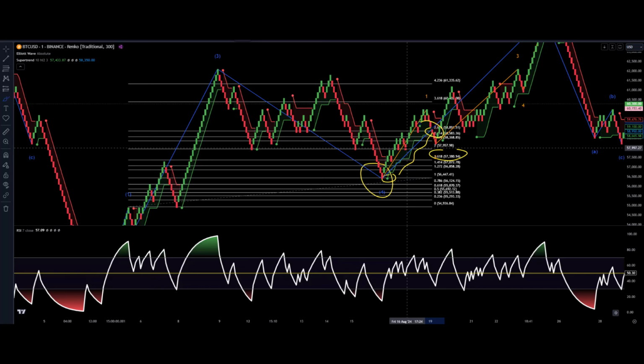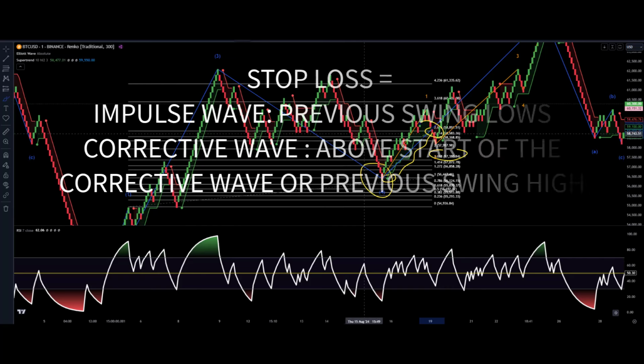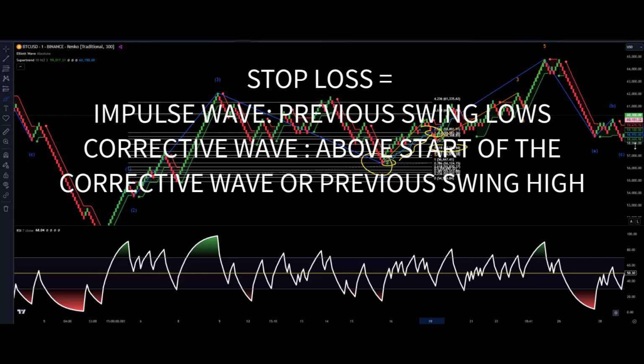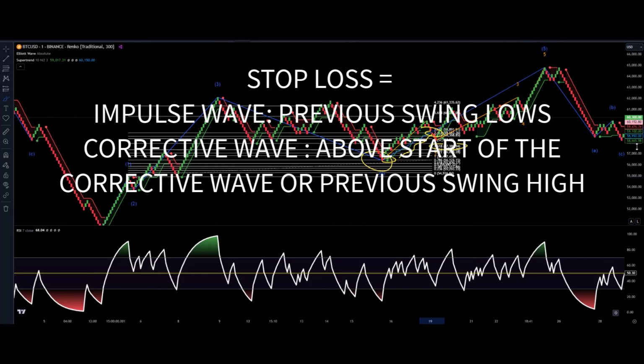And in terms of stop loss, I would set the stop losses below, if it's the impulse wave, just below the start of wave 1 or previous swing low, and the corrective wave stop loss I would place just above the start of the corrective wave or previous swing high.